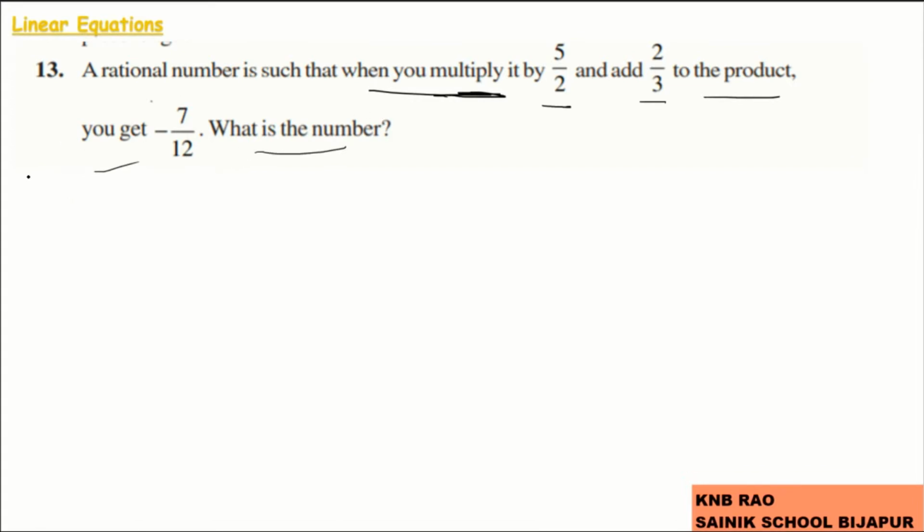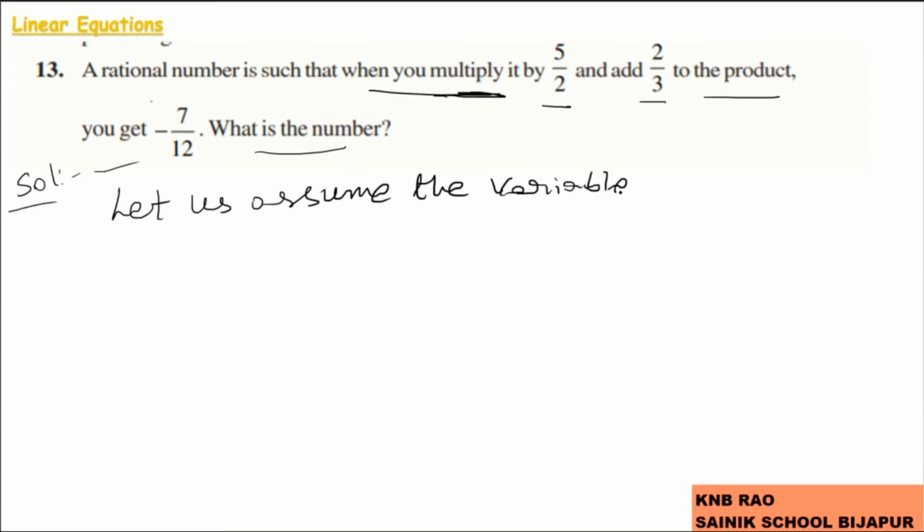Students, here again we need to assume the rational number with some variable. So let us assume the variable as, I can take some letter k or whatever variable we wish.